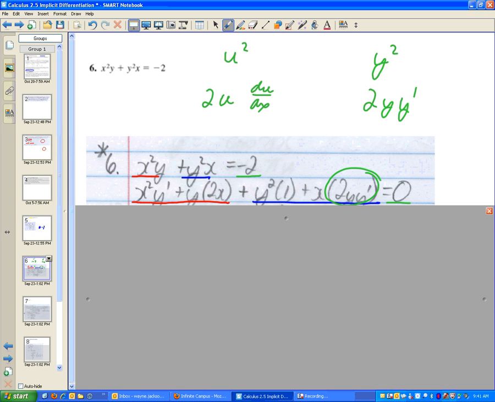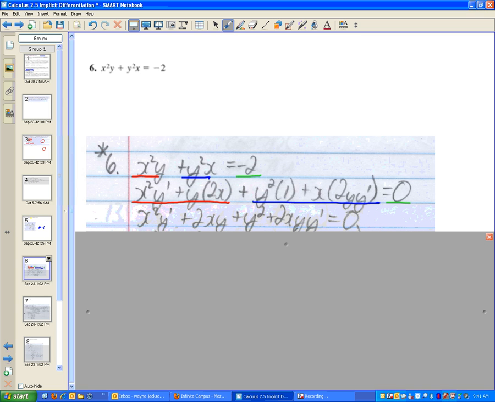Because right here we're using the product rule, so it's first function y squared times the derivative of the second. Derivative of x is 1. That's the second function times the derivative of the first. All right? Everybody stared at it long enough?